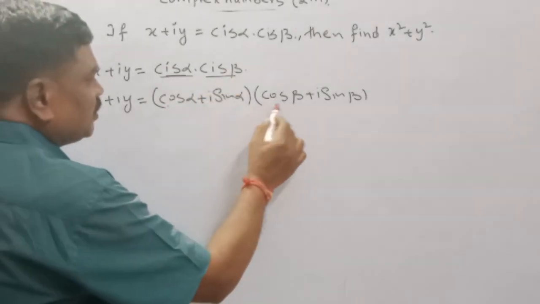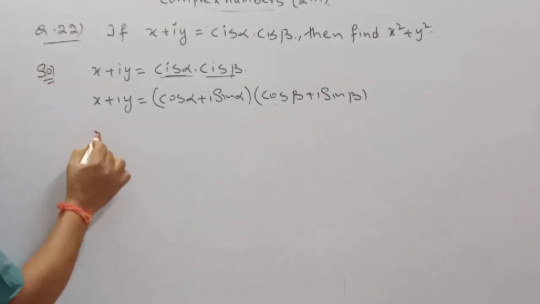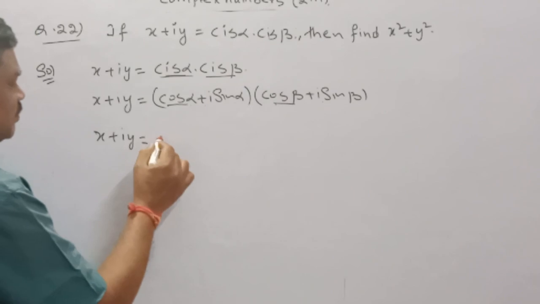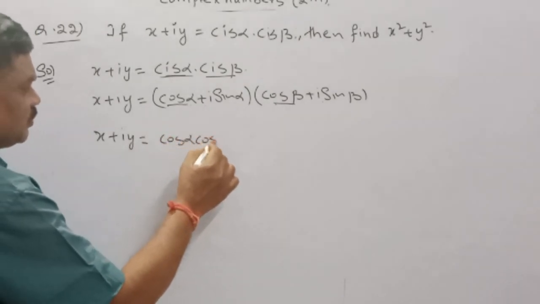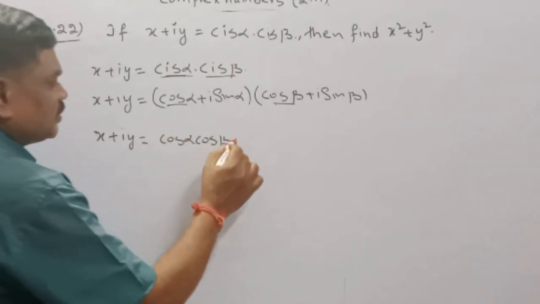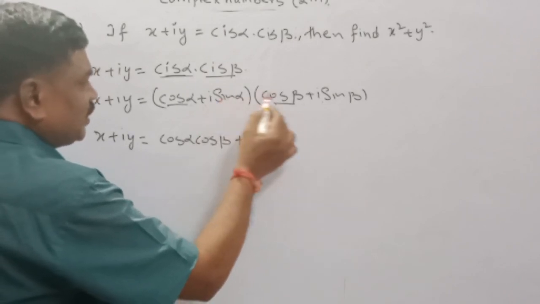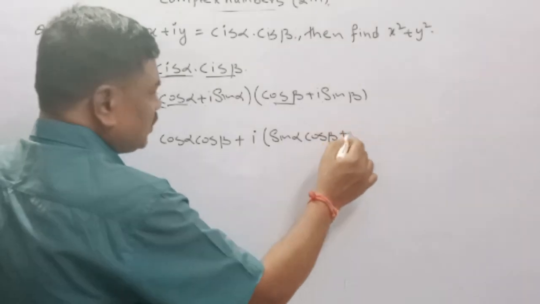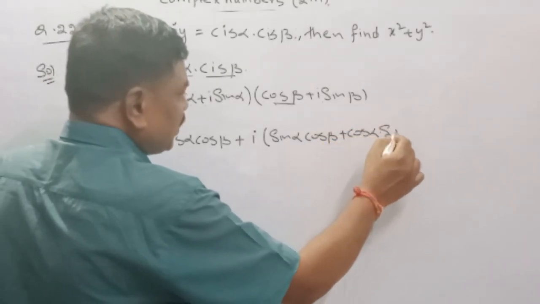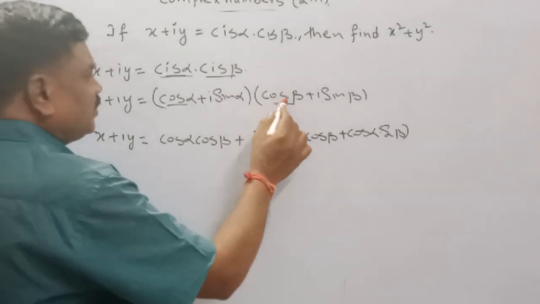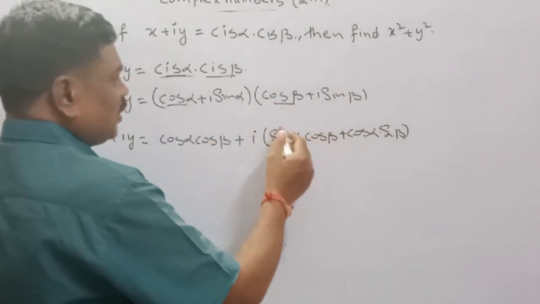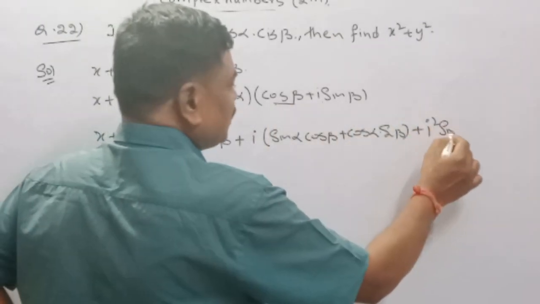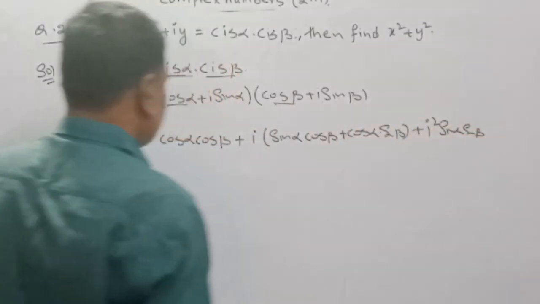What is cis β? cos β + i sin β. x + iy is equal to cos α cos β plus i sin α cos β plus cos α sin β, again plus i² sin α sin β.